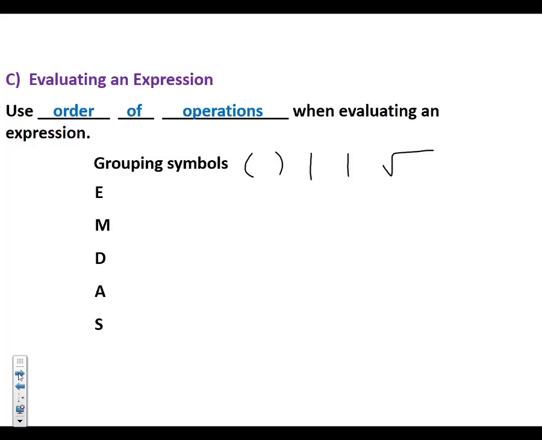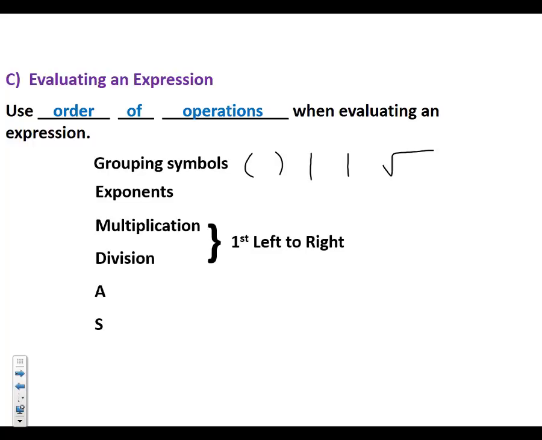We're going to learn a whole lot more during the year. And of course, we go exponents, and then we go multiplication and division, whatever comes first from left to right, and then we go addition and subtraction, whatever comes first left to right. Everything is the same that you learned in elementary, except no more P, it's now G, because we have grouping symbols at this big boy and big girl school.